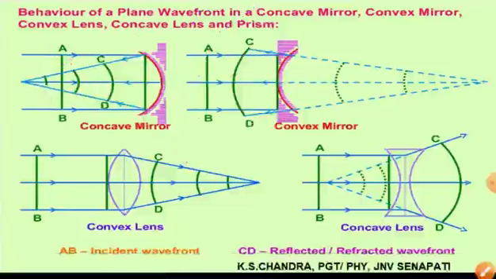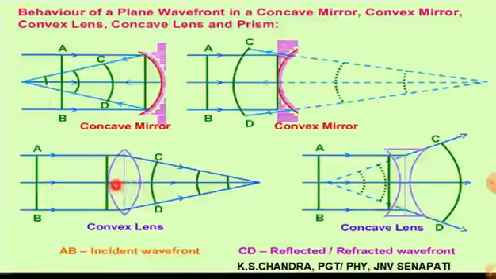Now let's see the case of light rays when they pass through the convex lens. At this point here also, if you take this as an incident plane wavefront, here the light needs to travel a longer distance in this part.